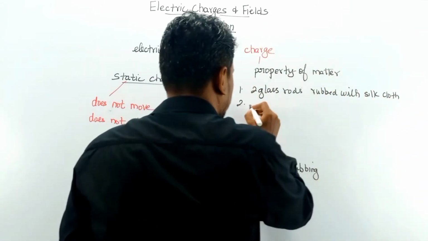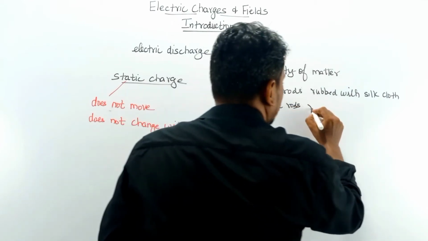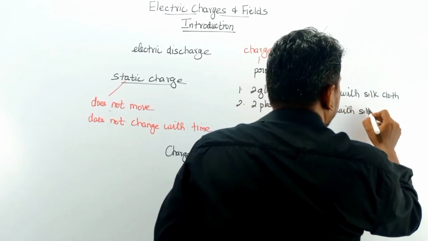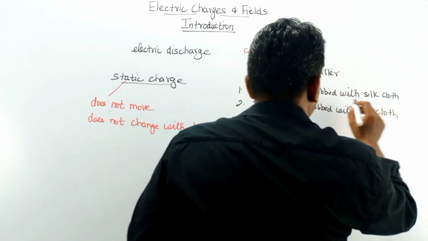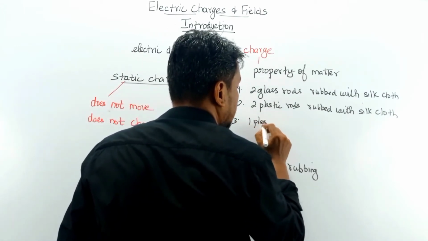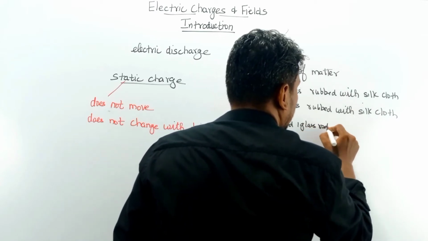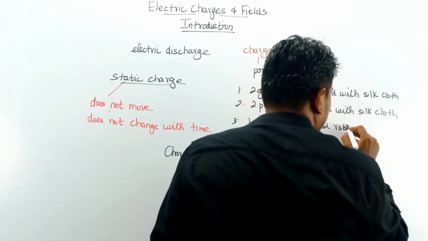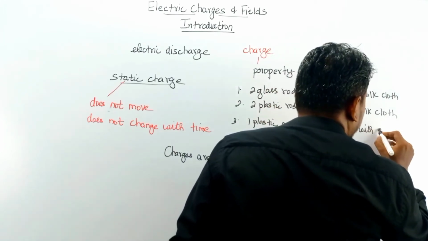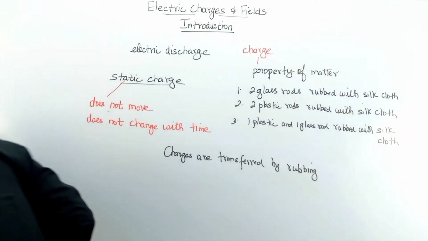Second: two plastic rods rubbed with silk cloth. Third: one plastic rod and one glass rod rubbed with silk cloth.